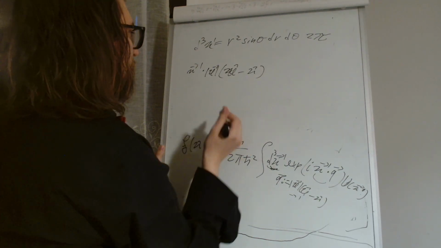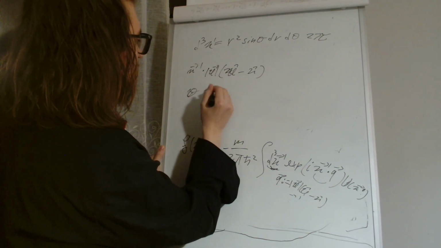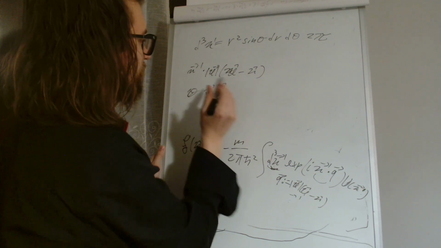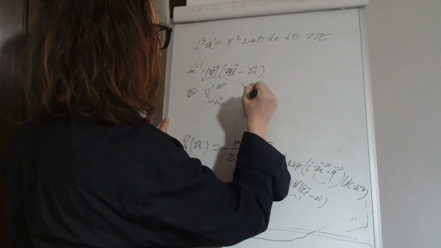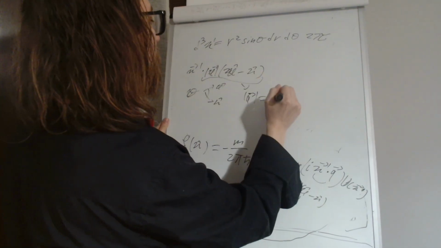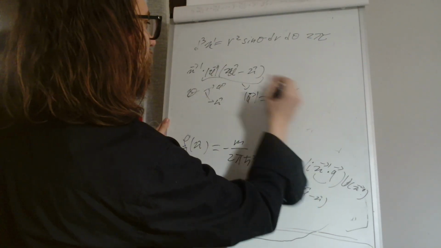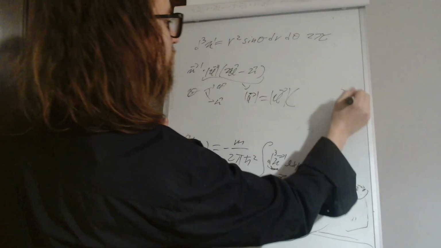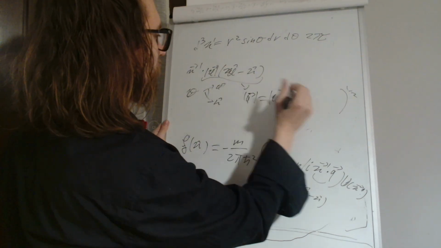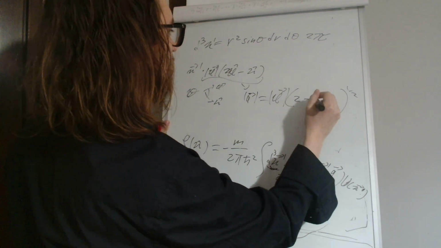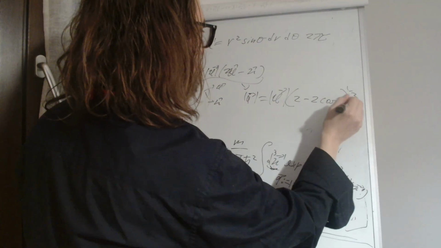Now let theta be the angle between k and x, between these two, versus if we take the modulus of q, the modulus of q is the modulus of k times the modulus of this, which is the square root of the dot product with itself, which gives 1 plus 1, which is 2, minus the double product 2 times the dot product between these, which is the cosine of theta.